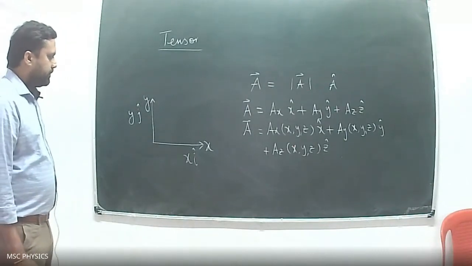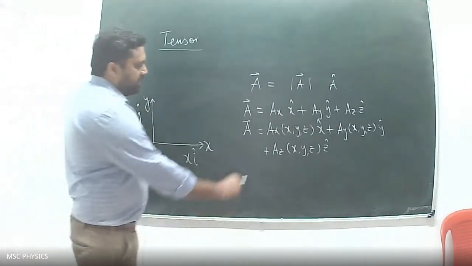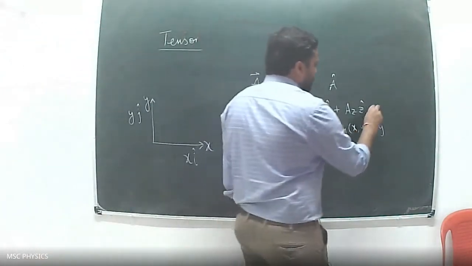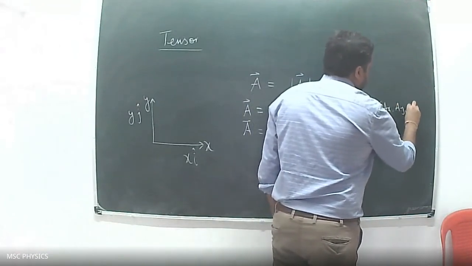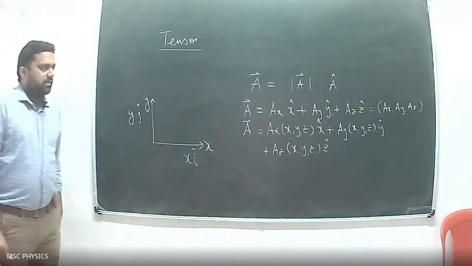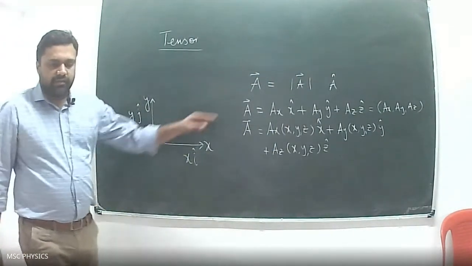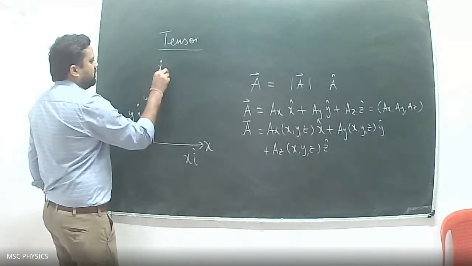So this vector can be described in short form like this also: (a_x, a_y, a_z) within brackets. So I take the coefficients, and this will be described in a basis of x, y, z.